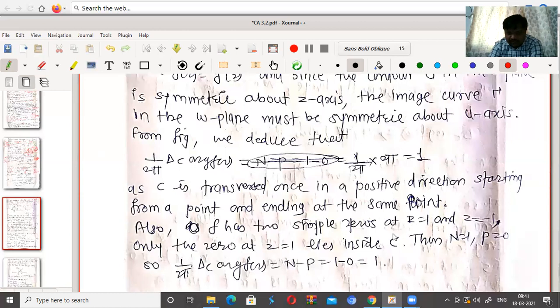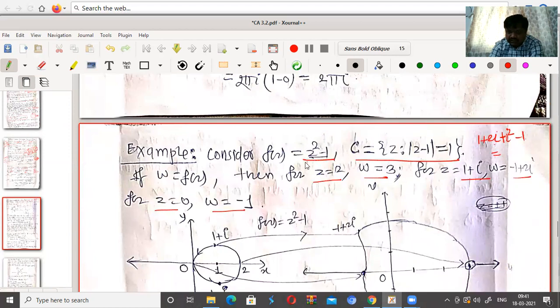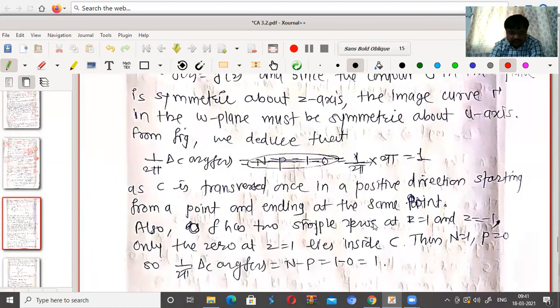Also, f has two simple zeros at z equal to 1 and z equal to minus 1. Why? Because z square minus 1 equal to 0 implies z square equal to 1, that is z equal to plus or minus 1. So two zeros are there.